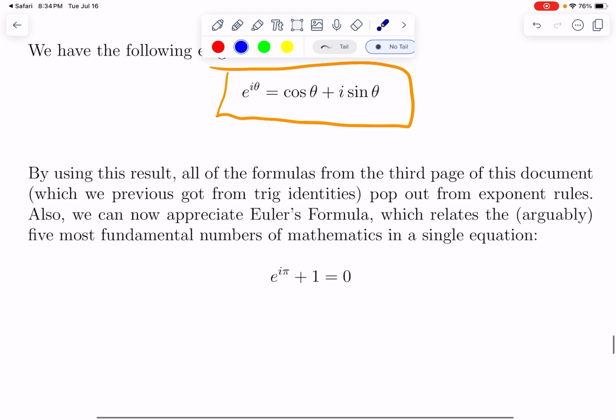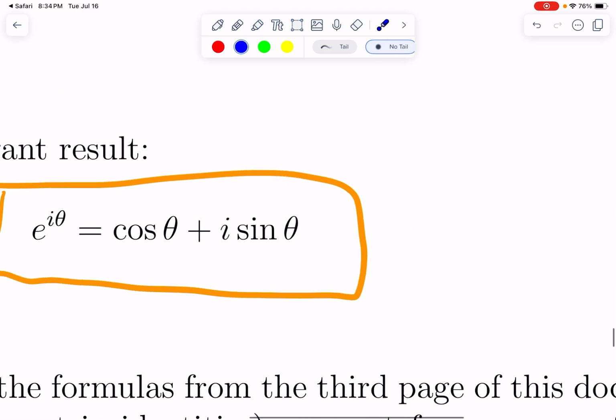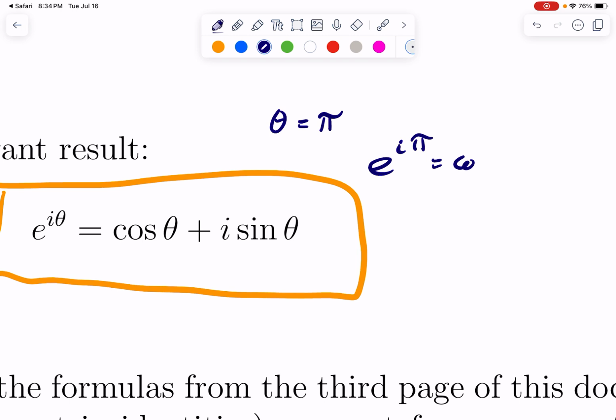So now, I've cheated a little bit. Now, what if theta is equal to pi? We have e to the i pi is equal to cosine of pi plus i times sine of pi.